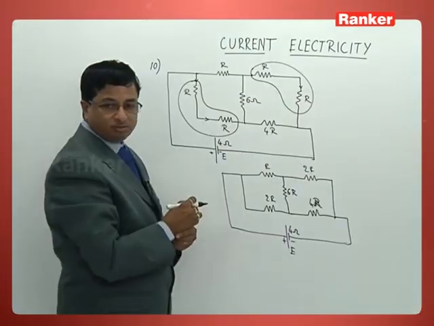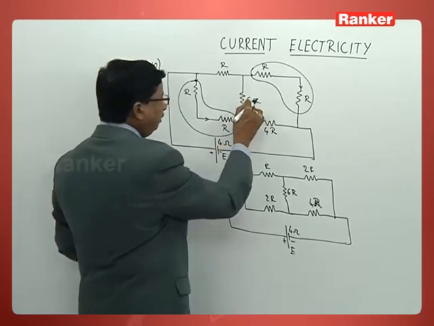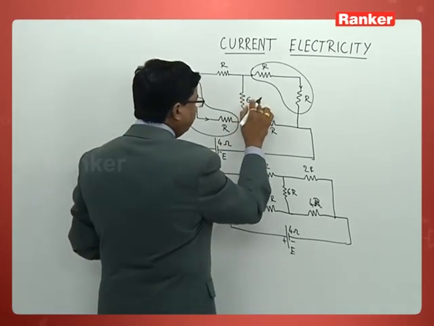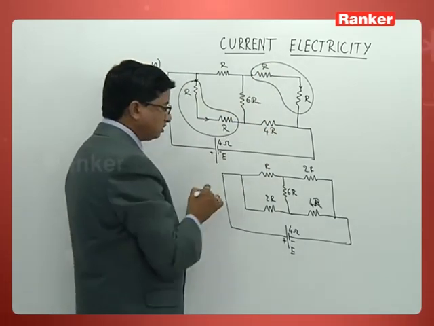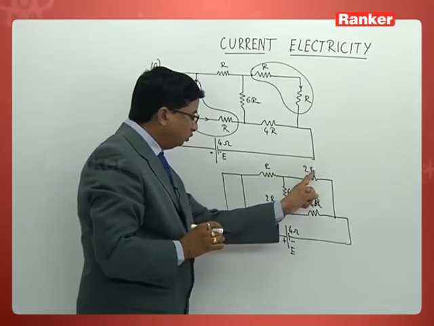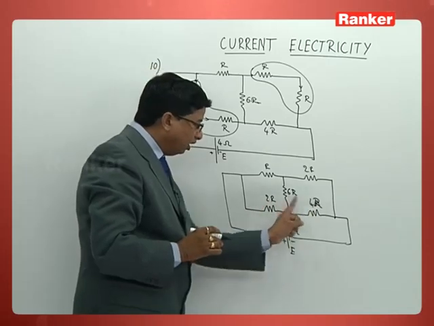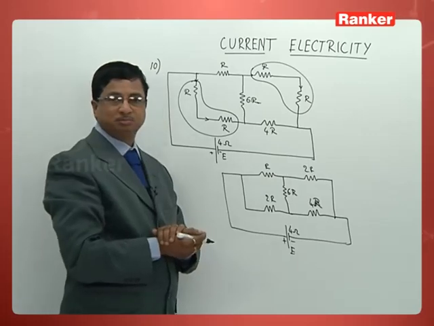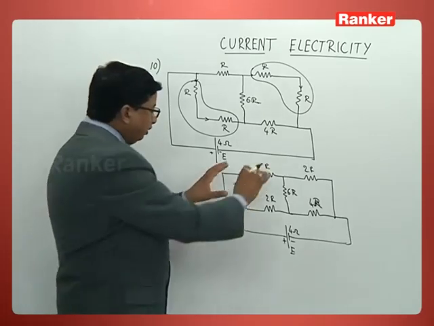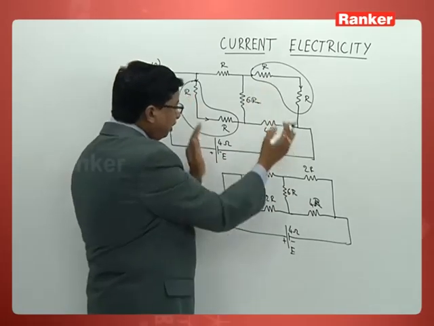So you can straight away understand that this value is given as 6R. This is R, R, 4R and R like this. So this is R, 2R, 2R, 4R, 6R, 4 ohm and E. This is the simplified form of this circuit.